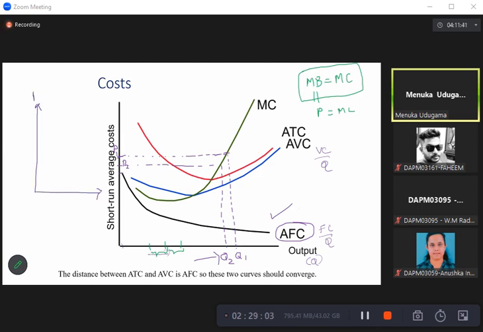I will have P here and Q there. At P1, how much do you sell? Q1. At P2, you sell Q2, which is less than Q1.